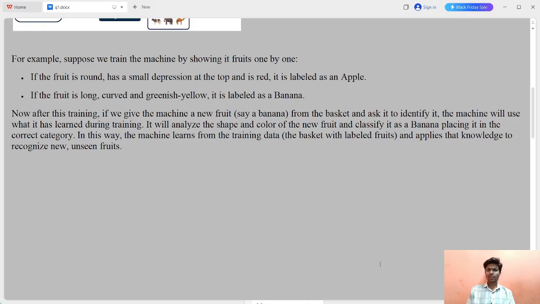It will analyze the shape and color of the new fruit and classify it as a banana, placing it in the correct category. In this way, the machine learns from the training data, the bucket with labeled fruit, and applies the knowledge to recognize new unseen fruit.